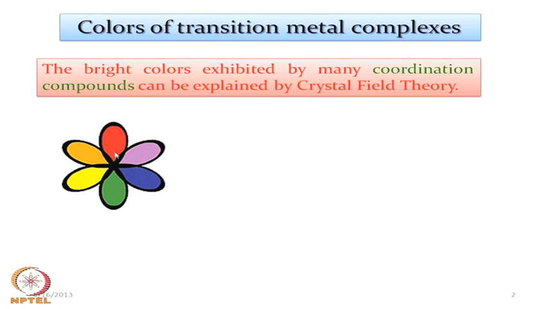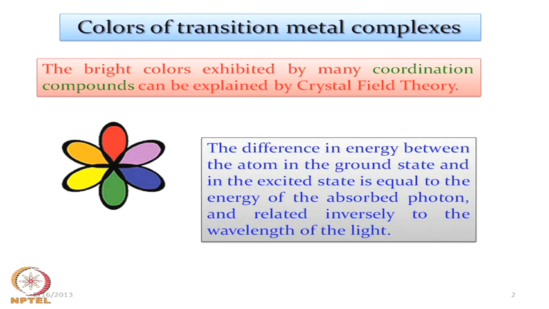If we consider it as a 6-leaf flower, then immediately we can have ranges for color absorption for a particular wavelength range, and what we will be seeing is the complementary color due to the absorption related to the crystal field splitting energy.